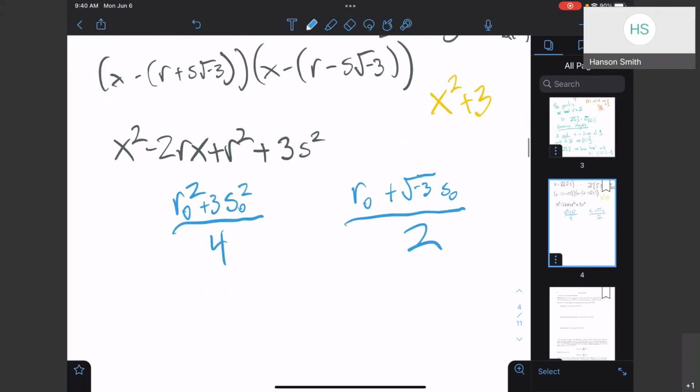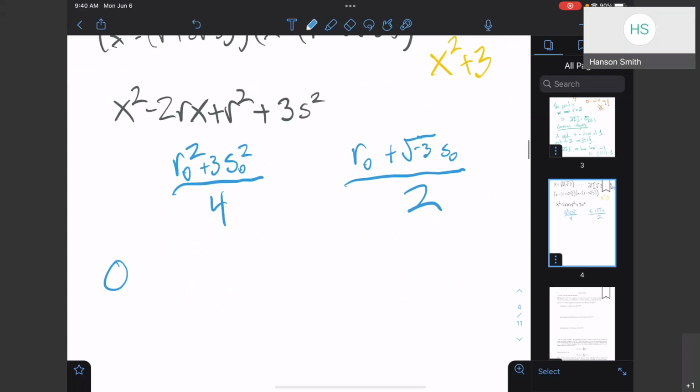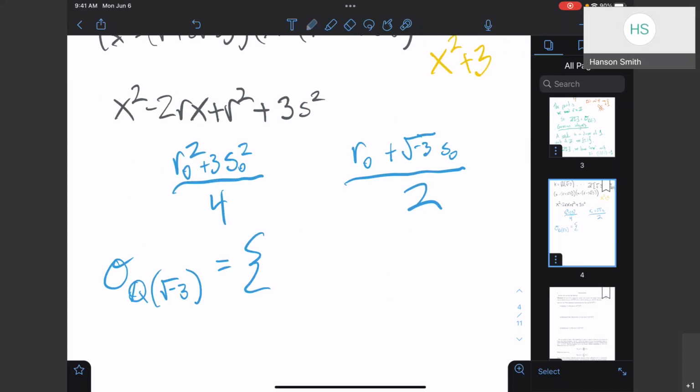And it turns out that the ring of integers of this number field is going to be the set that looks like, how do I want to denote this?